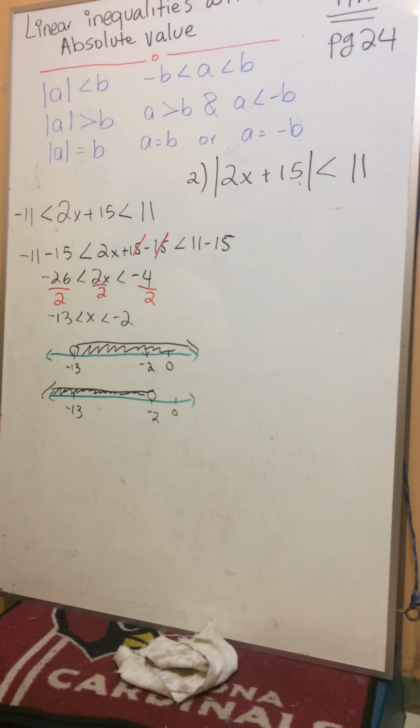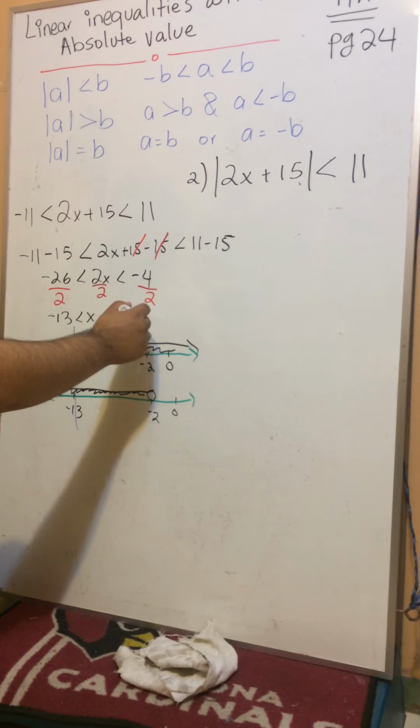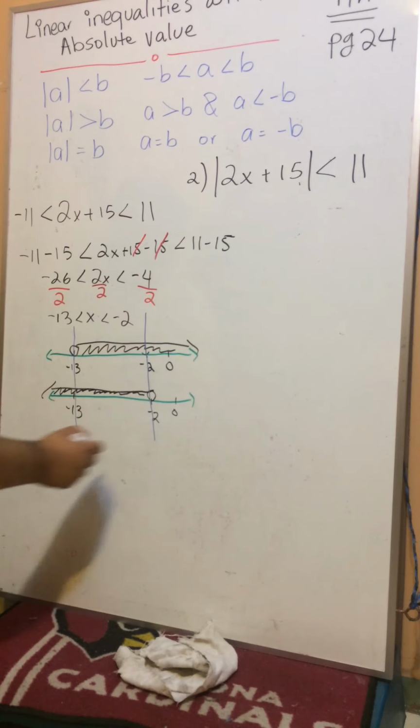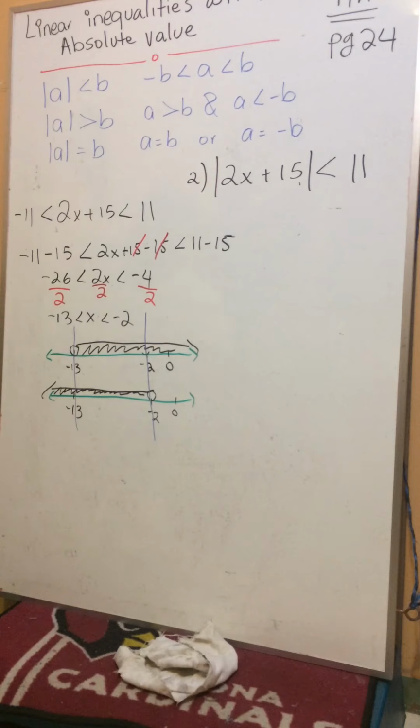What we learned in last lesson, lesson number 2, is that we can combine them. We're looking for the values that are shared between these two inequalities that will solve this. So where do we draw the line where they would share? Here. These are the values that share both line graphs. So those are the values that we're looking for.